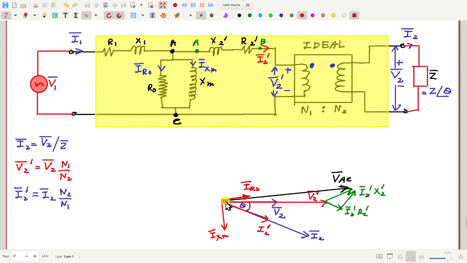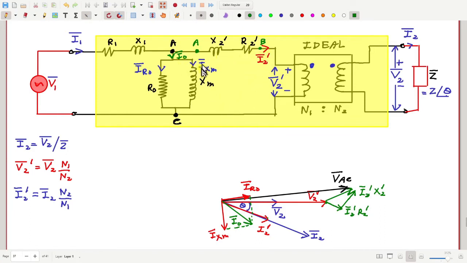Okay, so now if I add these two, this will give me the current that flows here, call it I0. Okay, so this is I0. Now I know I0. What else do I know? I know I2 prime.